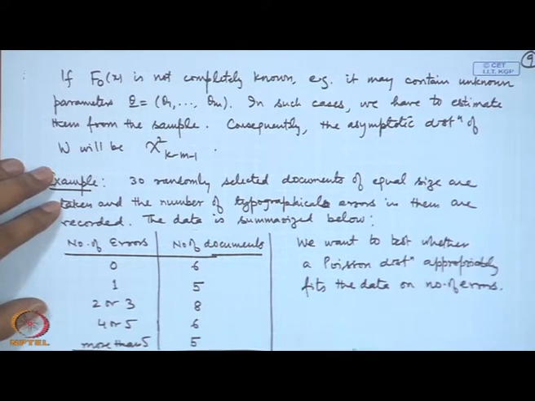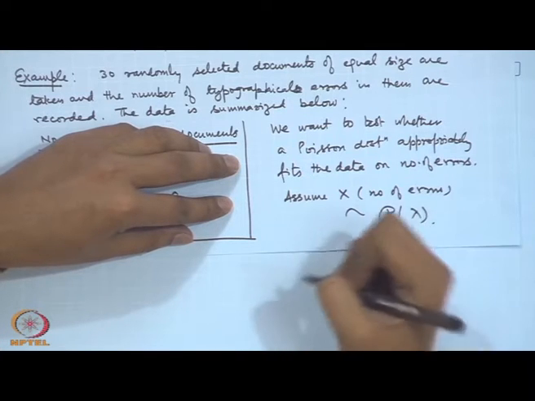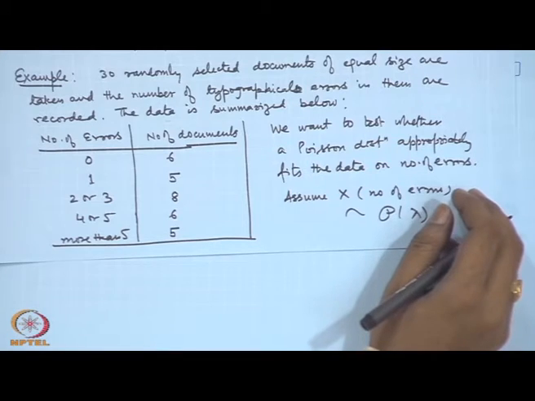Now, naturally, we have to assume a Poisson lambda distribution; assume X, that is the number of errors, follows a Poisson lambda distribution. Then this lambda has to be estimated first from the given data.